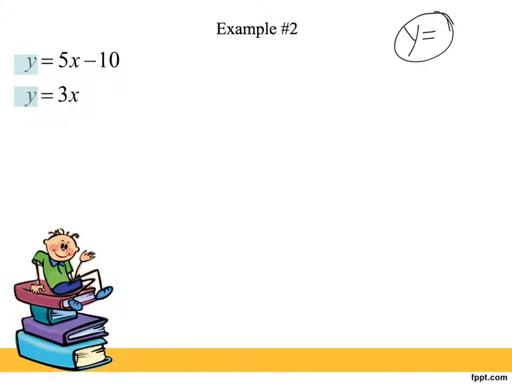And remember, our job when we're looking for substitution is to see, do I have an x equals or a y equals equation? So I do. I know that y is equal to 3x. Let's just start there. I also know that y is equal to 5x minus 10, so we need to do something with that.